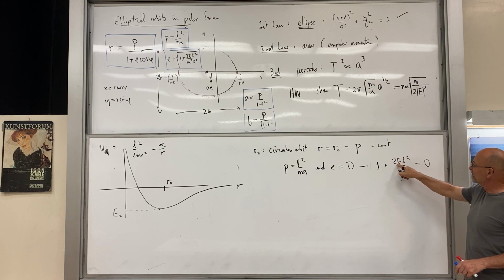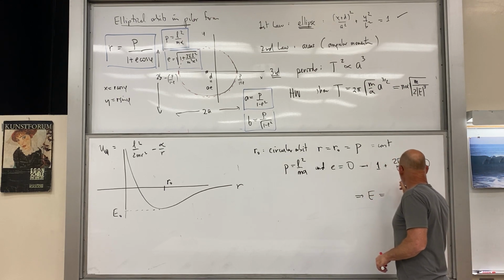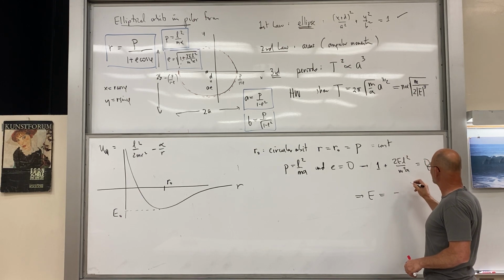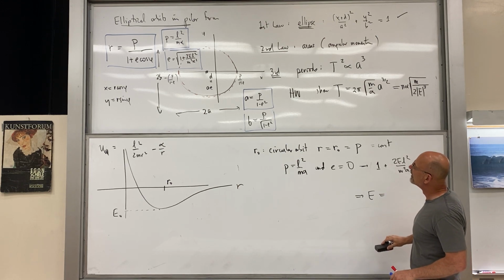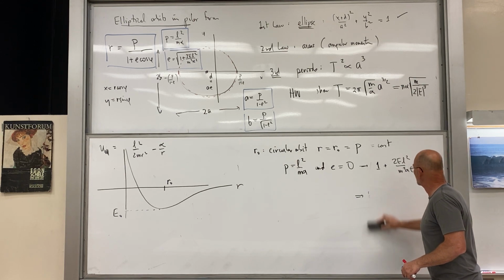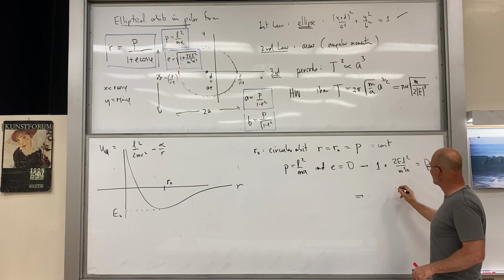So we can solve for E in two steps: 2EL squared over m alpha squared equals minus 1.